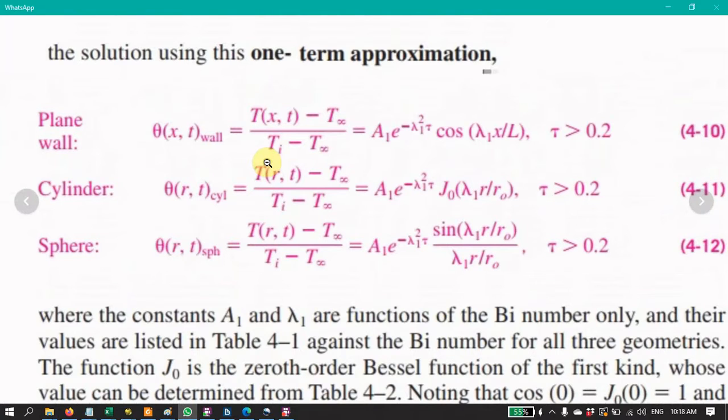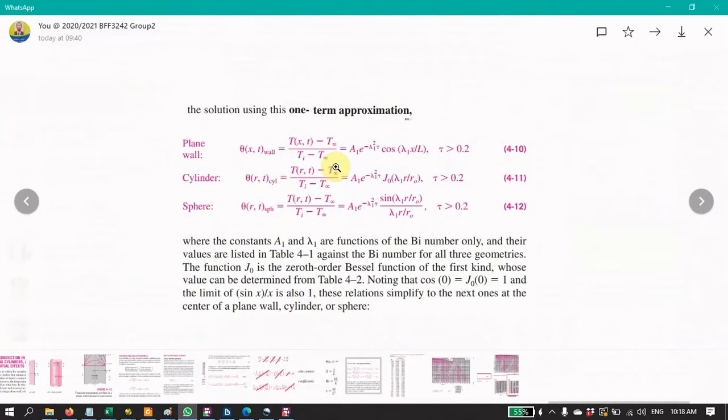So you can only use this equation for a specific model of heat transfer system. For example, for a plane wall you use equation 10, for a cylinder you use equation 11, and for a sphere, equation 12.